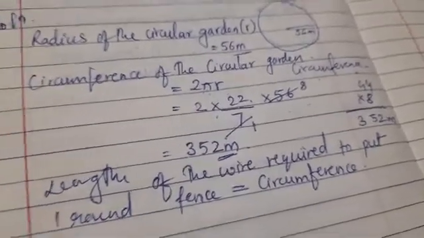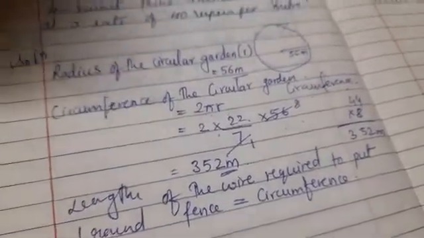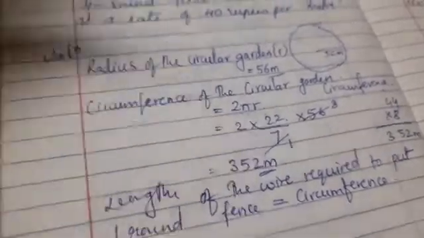This is what I explained, that the length of the wire required to put 1 round is your circumference. So 352 is your length of the wire.